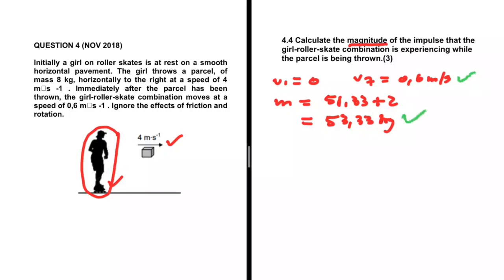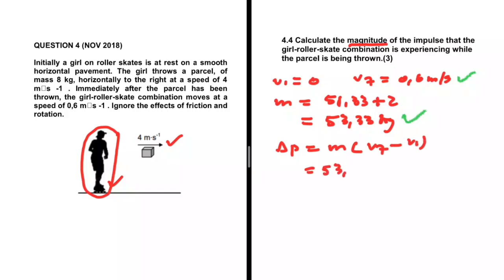We want to find the impulse on the girl roller skate combination. So the mass is going to be the mass of the girl plus that of the roller skate, which will give us 53.33. So now we can go ahead and calculate the impulse. The mass multiplied by VF minus VI.